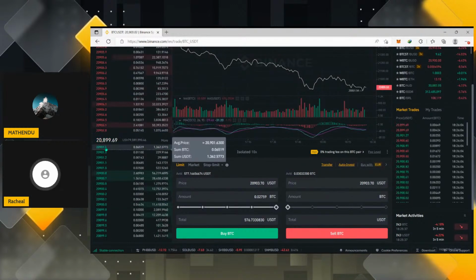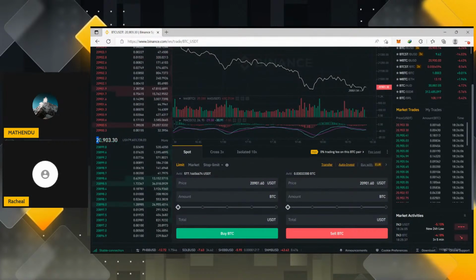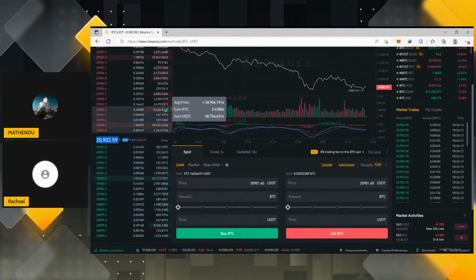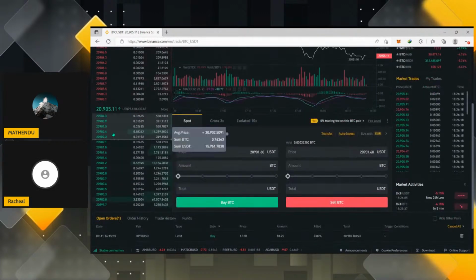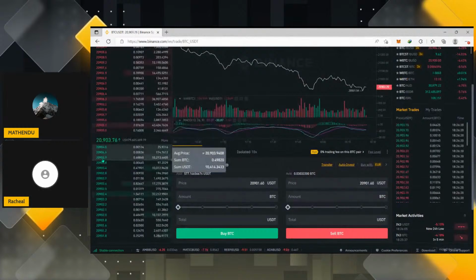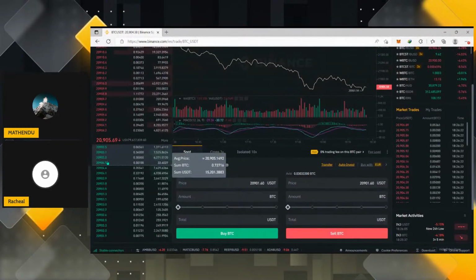When this person and this one agree on a price, it determines the current market price. So the people buying and selling determine the current market price. The market is crazy right now, that's why the prices are moving very fast.